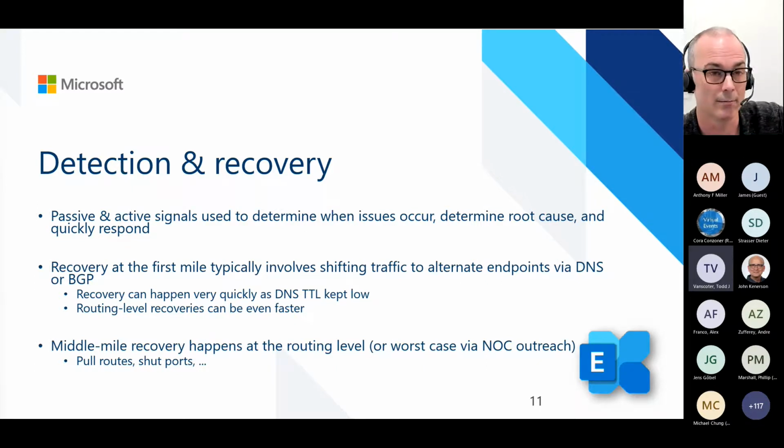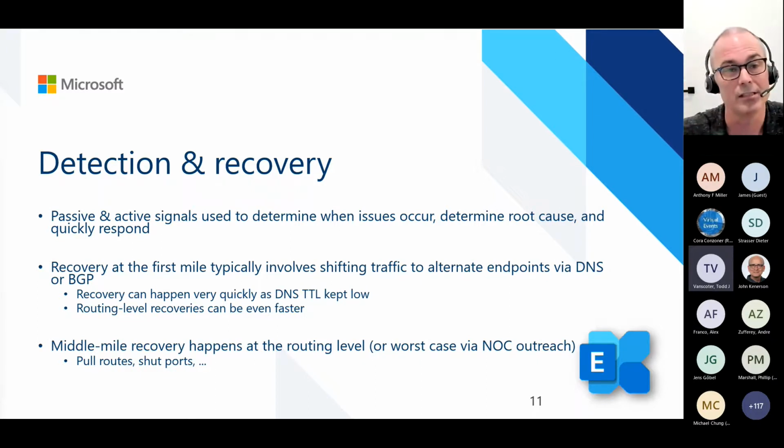We can also do recovery via BGP, which means we're shifting traffic going to particular IP addresses to different network points of presence. So we might stop advertising routes to Microsoft's network in one location, and that forces traffic to take a different path on the internet.